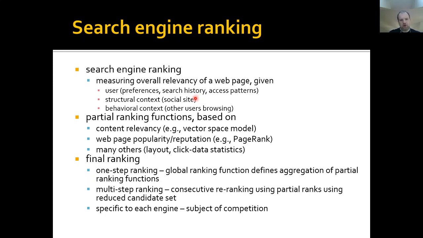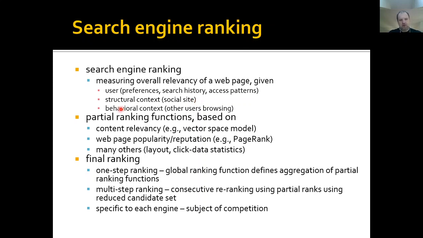And we could continue to more sophisticated structural contexts like social sites, social media, where we don't only have the edges and the nodes, but we have users, we have objects like posts, comments, likes, and these objects that basically are not involved in the basic web infrastructure. But we could, of course, use this knowledge, because the more knowledge, the more abstract knowledge we have, the more effective the search could be.